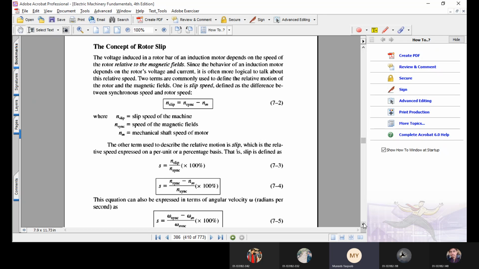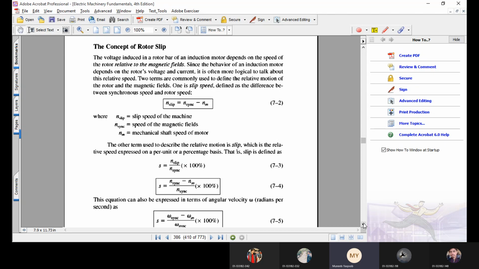So how is it possible? Consider equation 7.4. At time t equals 0 plus, the rotor's mechanical speed is 0. So slip is N synchronous minus 0 whole divided by N synchronous, that is N synchronous divided by N synchronous, and that is 1 multiplied by 100%, that is 1.